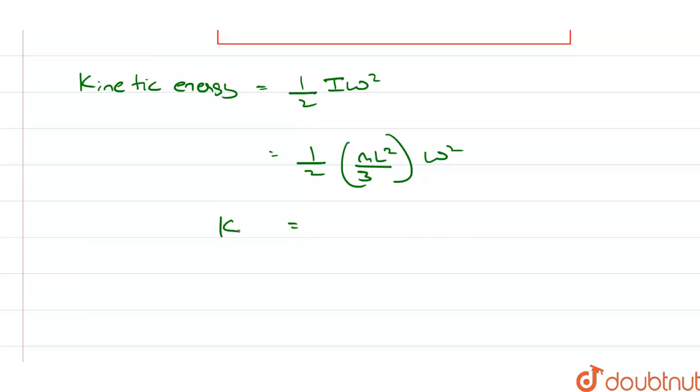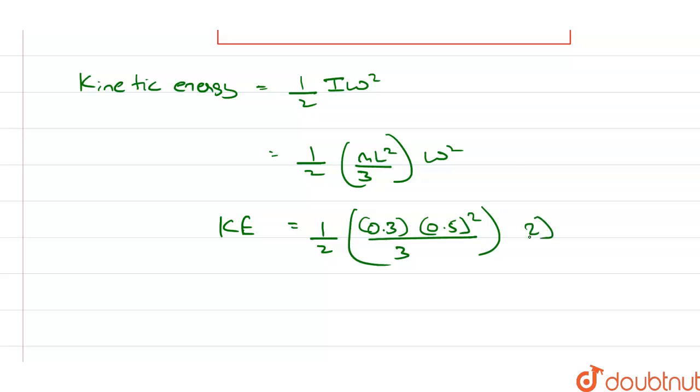Putting the values, we get KE equal to half into mass 0.3 into 0.5 square divided by 3, and omega was 2 radian per second, so 2 square. This will be 0.1.